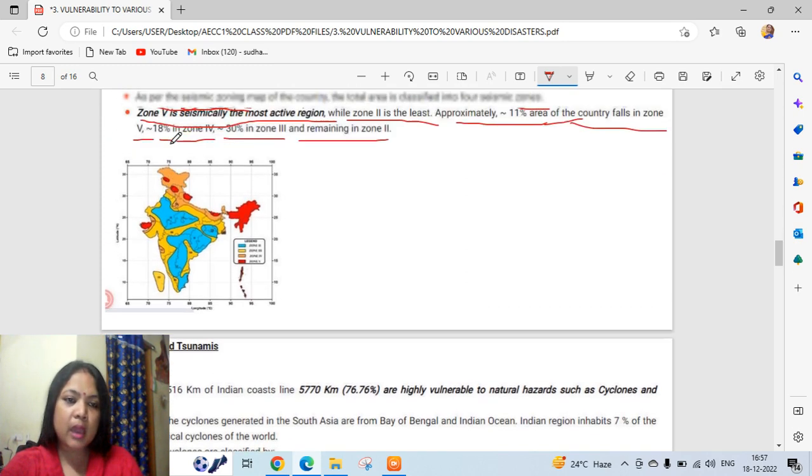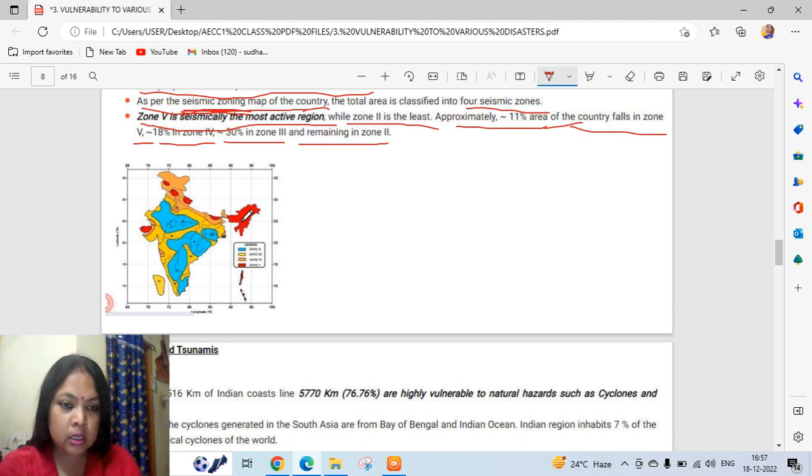Okay. So this is the map. You can see all those regions showing in red color come under zone 5, that means heavily vulnerable to earthquake. The entire eastern part like Assam, Manipur, Meghalaya, Sikkim all come under zone 5, along with some parts in the western and also some parts in the northern, in the Himalayan base.